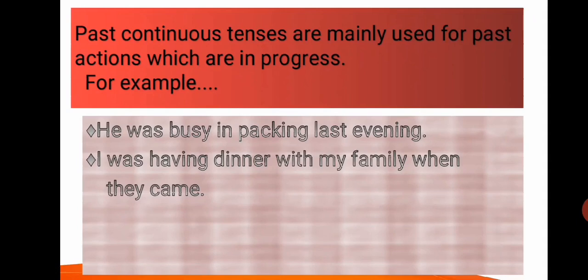And we have used simple past in this, and I have used the second form of the verb here, which we use in simple past tense. So I can say I was having dinner. It is a continuous process, and when they came, I have used simple past because this action was finished. So past continuous tense talks about the unfinished ongoing action in the past.